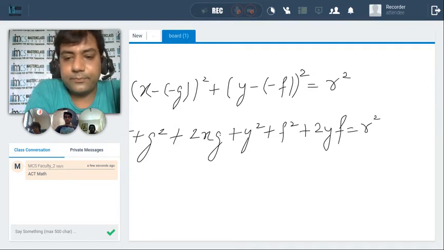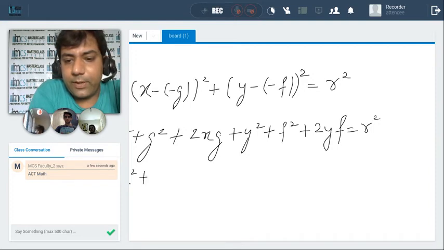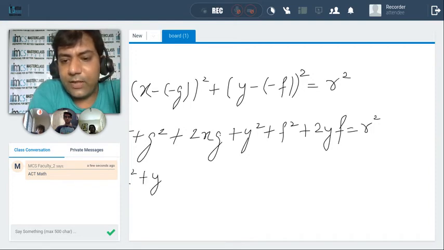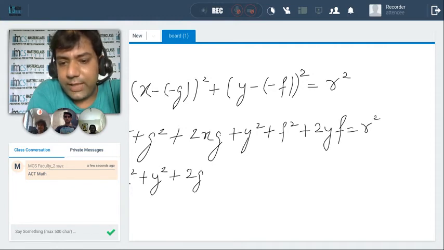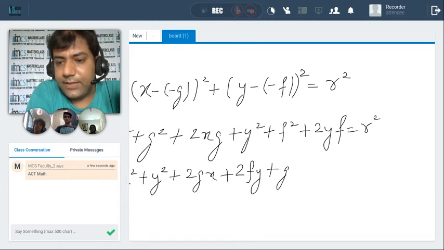If I write properly, in the standard form we study, x square plus y square plus 2gx plus 2fy plus g square plus f square minus r square.